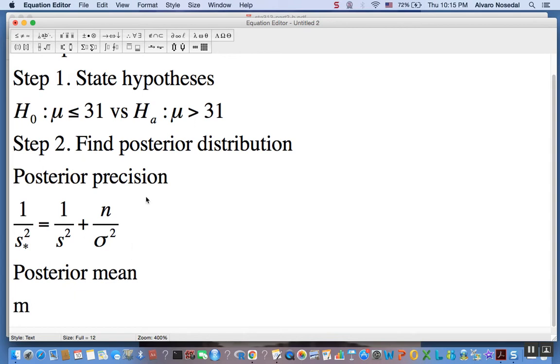Posterior mean, m star, that's what we're using to refer to the posterior mean, is just going to be a linear combination, let me call that w, times m, where m represents the prior mean, and then 1 minus w times the sample mean. Okay?